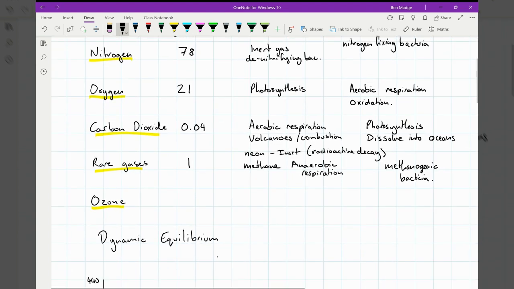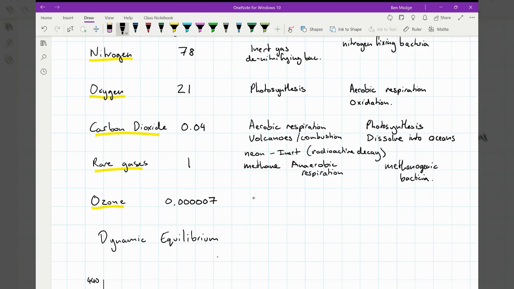And then the last one is ozone, and this makes up a tiny, tiny proportion of our atmosphere. So let's make sure I get the right number of zeros. Okay, so a tiny percentage of our atmosphere, most of it's concentrated in the upper atmosphere.